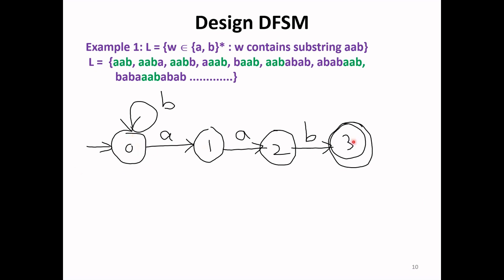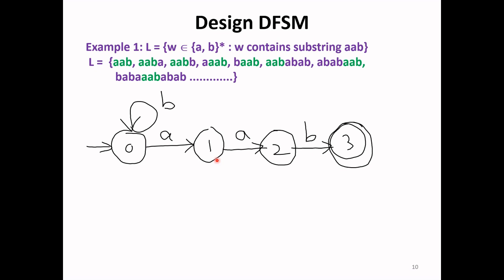Before AAB I may have any number of B's. Does it violate the language? No, because AAB is a substring. Before that I can have anything, and after that also I can have anything. So from state 0, one transition goes to state 1 on A, and another transition on B goes to state 0.